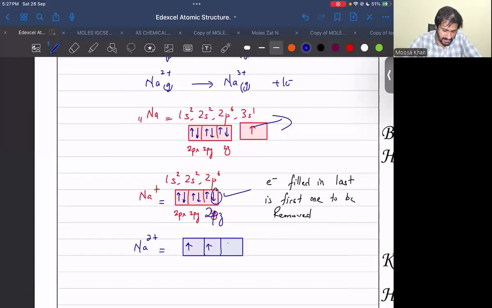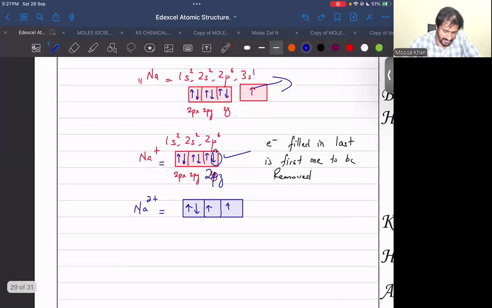See, that's how you have added it. 1, 2, 3, 4, 5, 6. So this electron was removed from the p subshell first. Then after that, this is the electron which was filled, so it has to be removed. So if you have to form Na2+ ion, this is the electron which will be removed, like this.